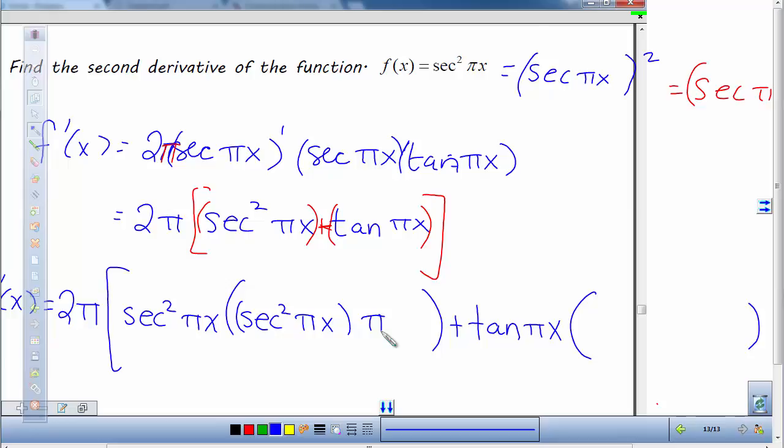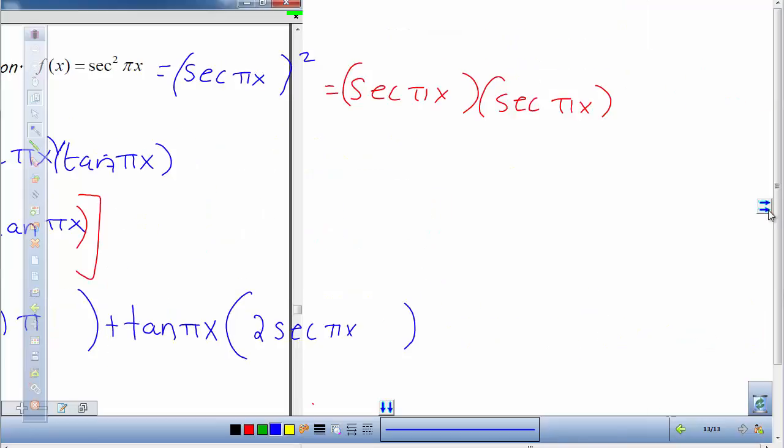And then, here's our second. We need to do the derivative of the first. For this, we're going to do 2 secant pi x. That part was our power rule.